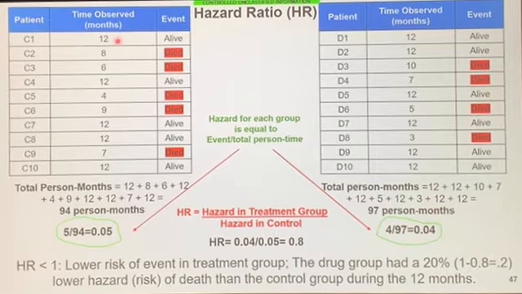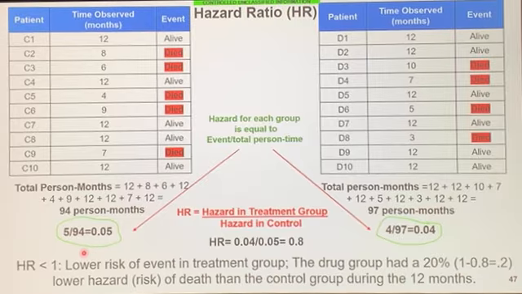For the total person months, you would add up all of the months that each patient participated in the study. Over that number, you would divide those that passed away or did not complete the study. In this case, 5 passed away. So 5 over 94, which is all of the months each patient was able to participate in total.